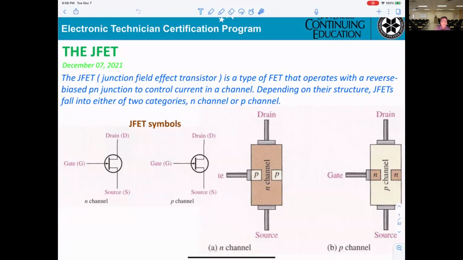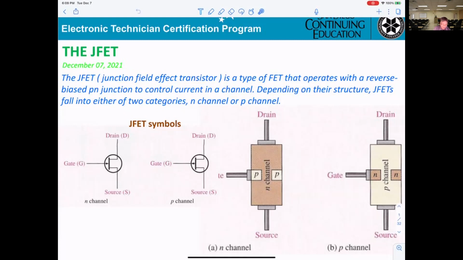It's the same: the arrow goes into the emitter or leaves the emitter. In the JFET also, you get an arrow going into the gate or leaving the gate. That will define N channel or P channel.